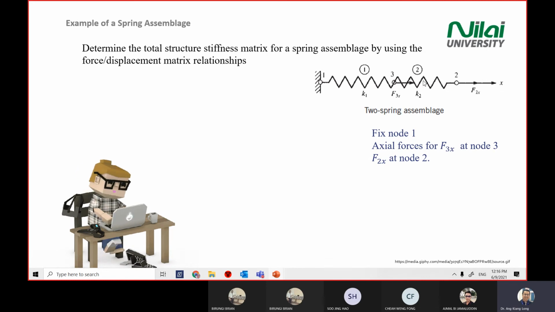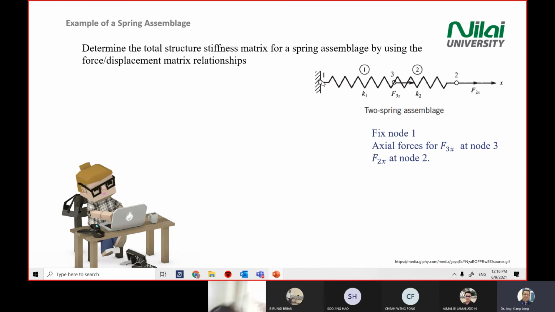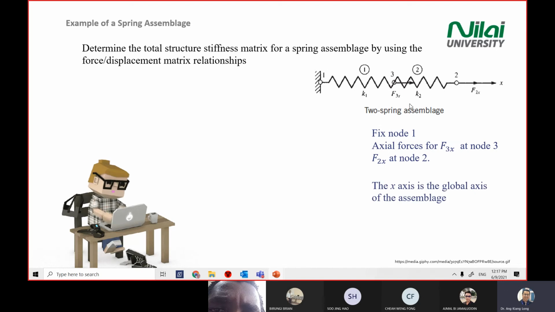Axial means along the axis. In here you are given the x-axis, so F3x and F2x are along the x-axis. We have to understand that x is the global axis.